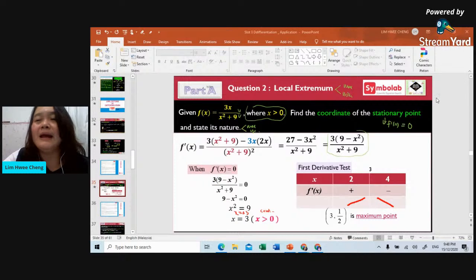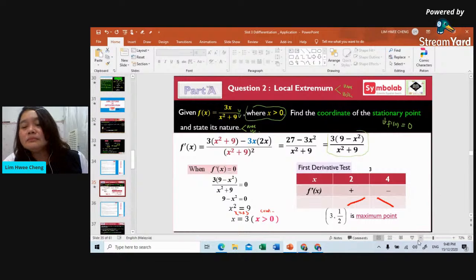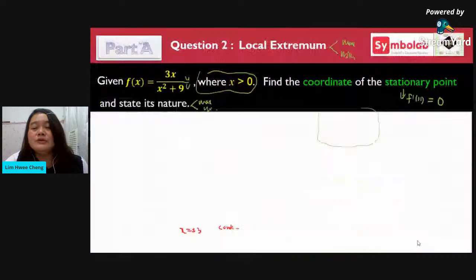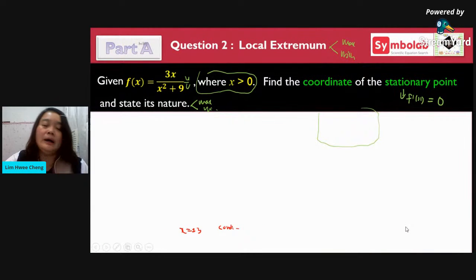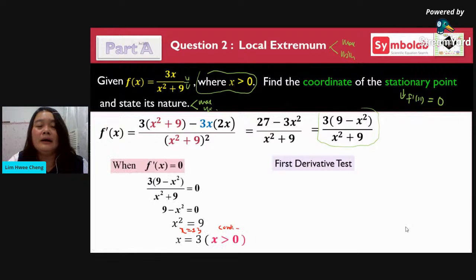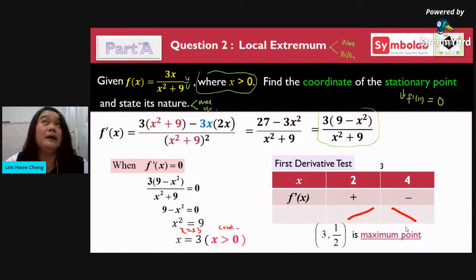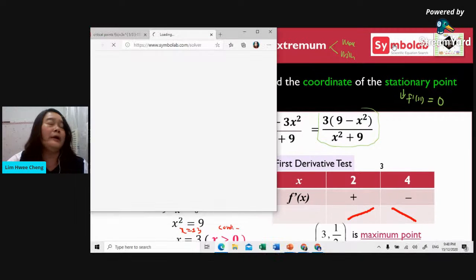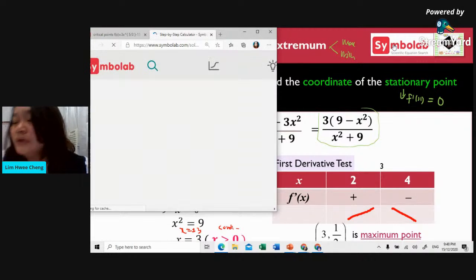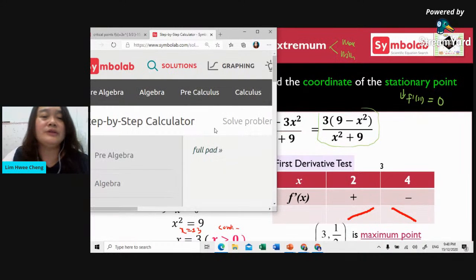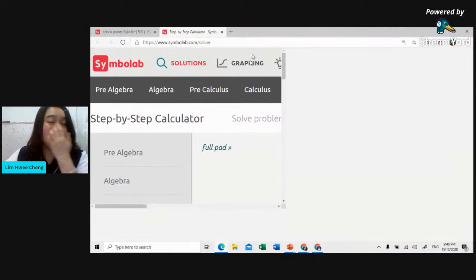Okay, so again, class, it's the same thing. So kalau you nak directly, okay, so if you want to directly find the local extreme point by using the symbol, you kena bagi arahan extreme point. Okay, you look at here. So you have to give the instructions that you want to find the extreme point.